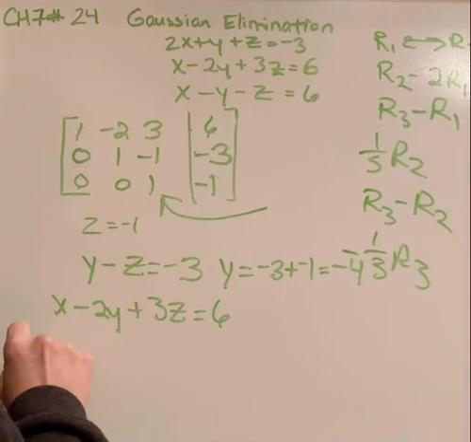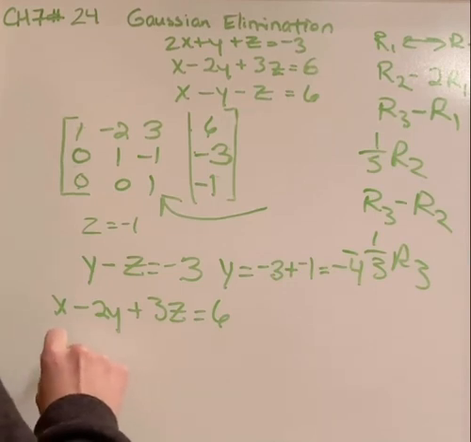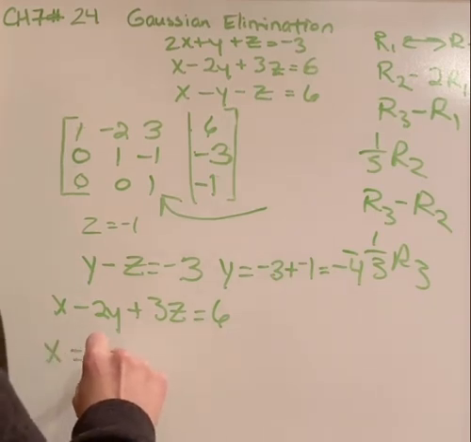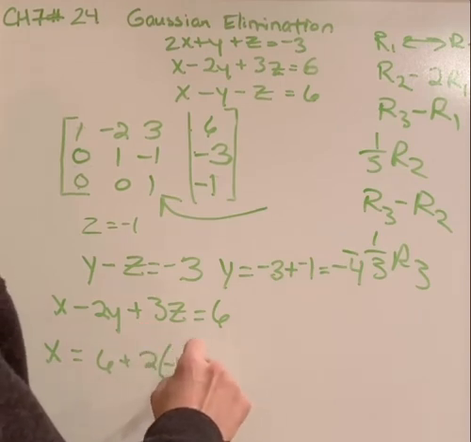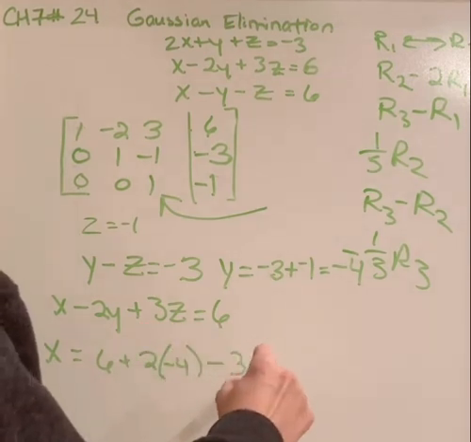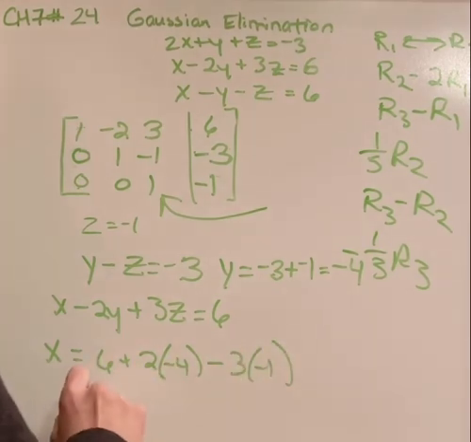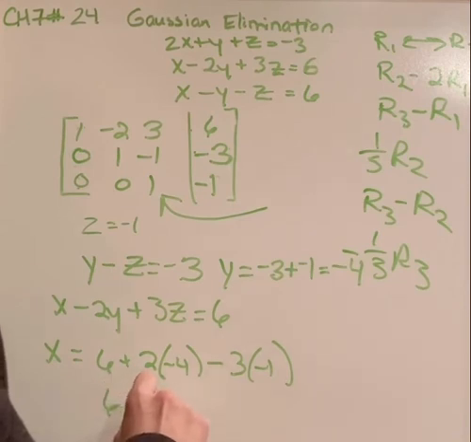And x equals 6 plus 2y minus 3z, so that's going to give 6 plus 2 times the -4, which is -8, plus 3.